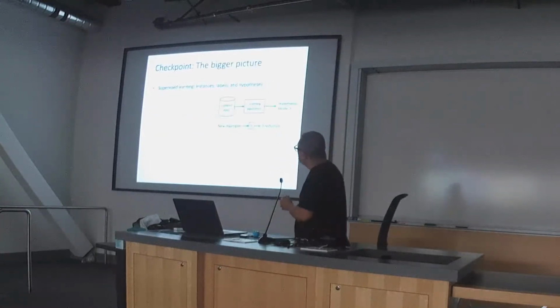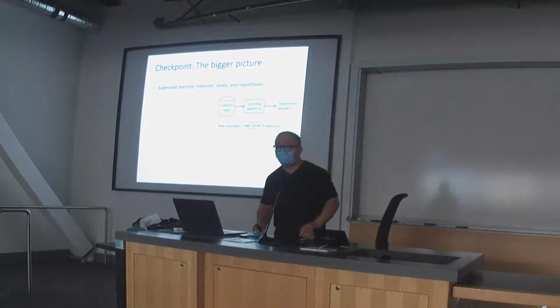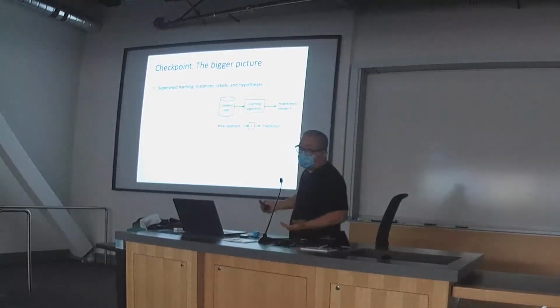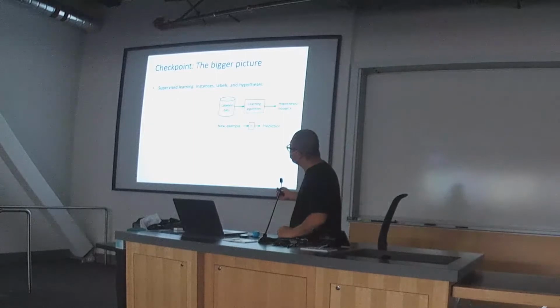Okay? So here's the checkpoint. Before we proceed, let us look at the big picture we have seen so far. We have introduced the supervised learning framework. In supervised learning, we have some instance space, we have a label space, we have a target function which labels the instances, and we have a hypothesis space.